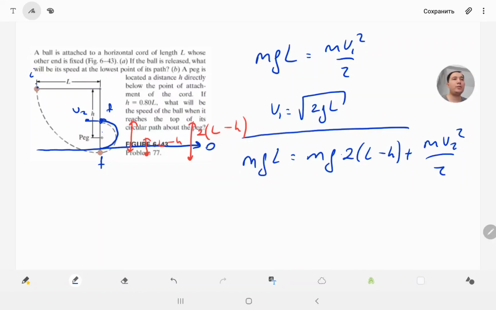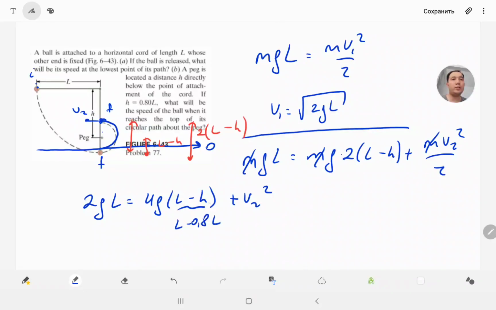So from here we can find V2. Let me multiply both sides by 2. 2GL equals 4G(L minus h) plus V2 squared. So in this part, L minus 0.8L, this is h, so in parentheses we get 0.2L.